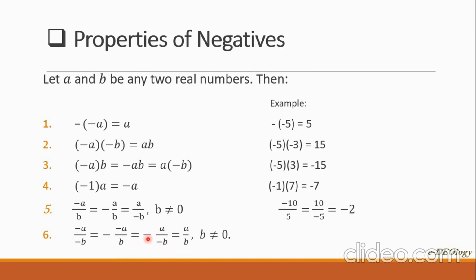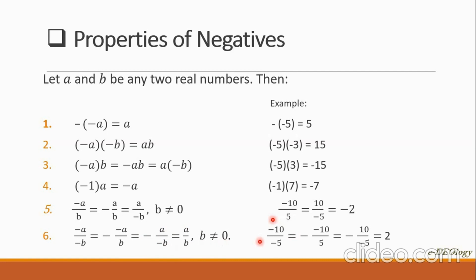Because of this negative sign outside, if we simplify this, we are going to have a negative sign. It's like we have a negative of a negative fraction, and the answer will be positive. Again, the restriction is the denominator must not be equal to 0.